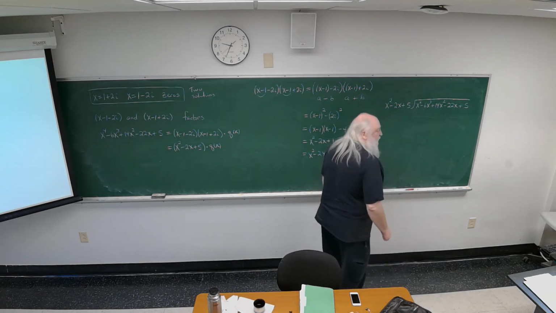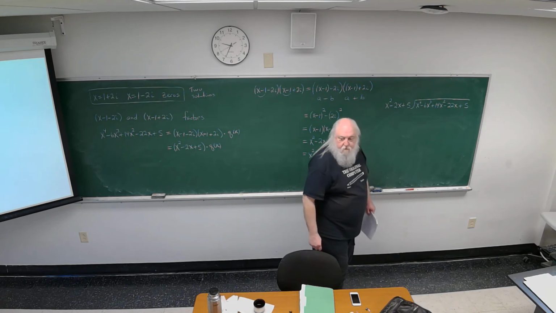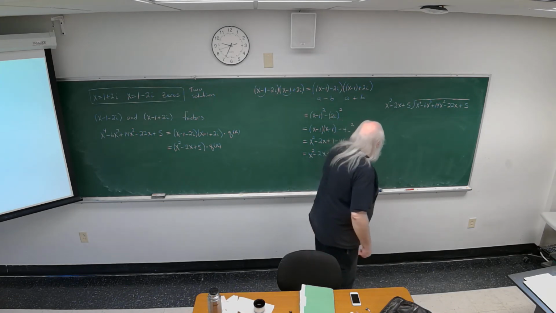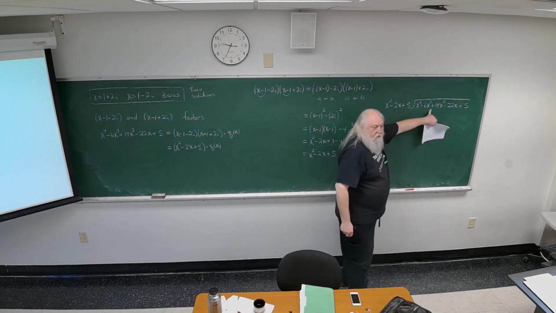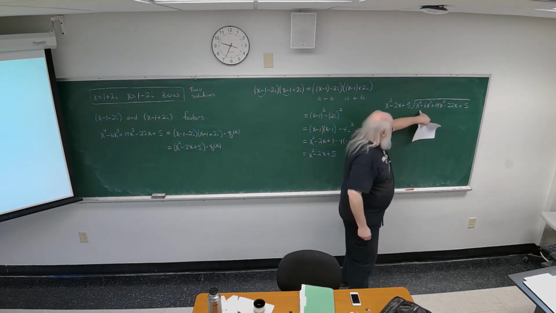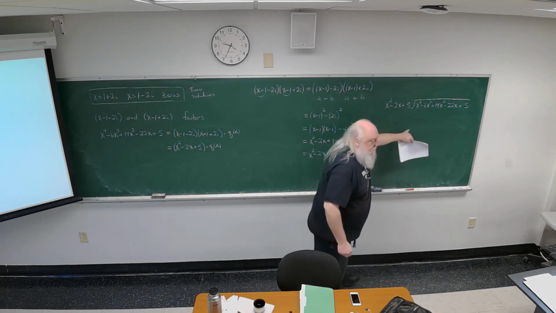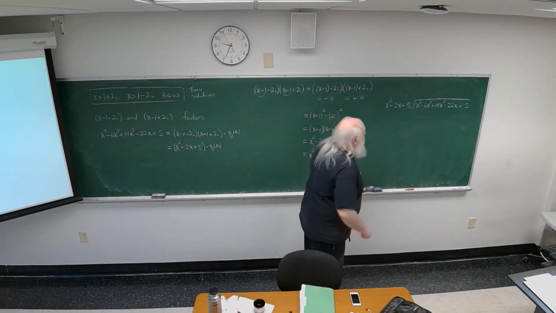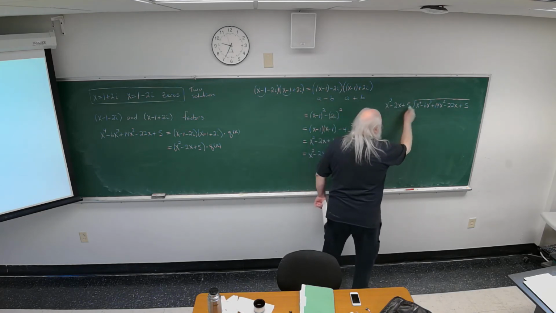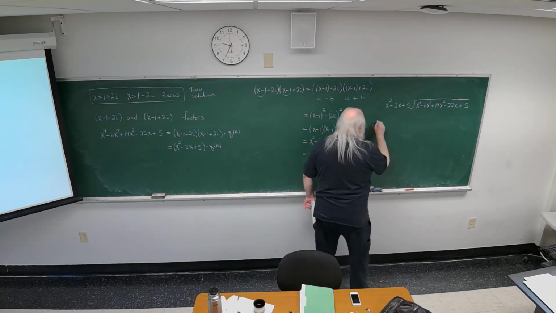So maybe let's do that long division for review. Okay? So, right? Under the long division symbol, the polynomial has to be in descending powers of x, which it is, and the divisor has to be in descending powers of x, right? So the first question is, how many times does x squared go into x to the 4th?